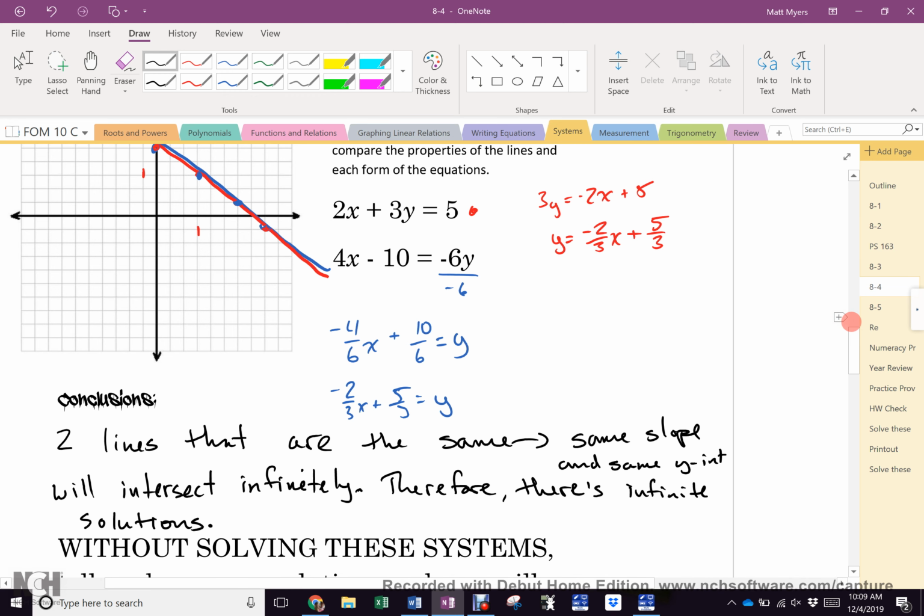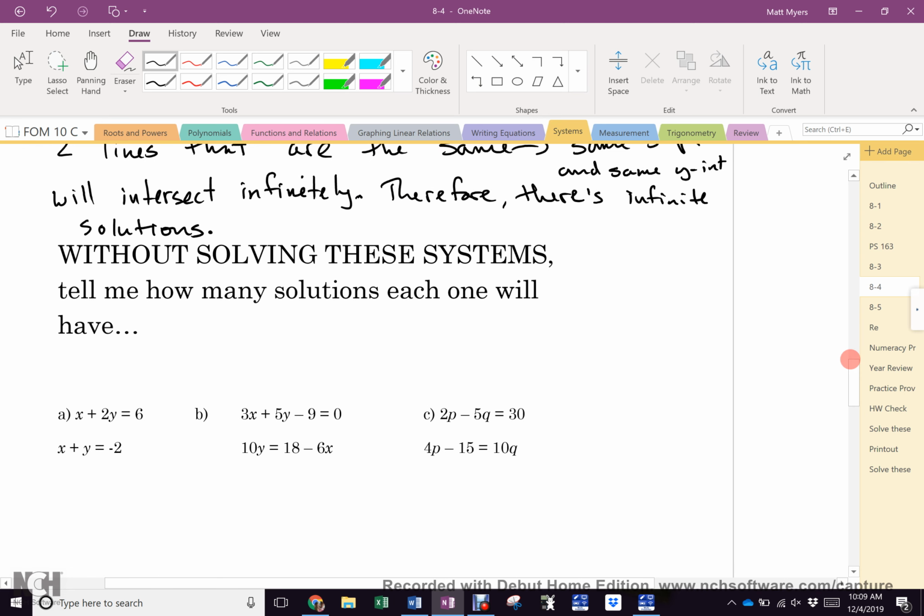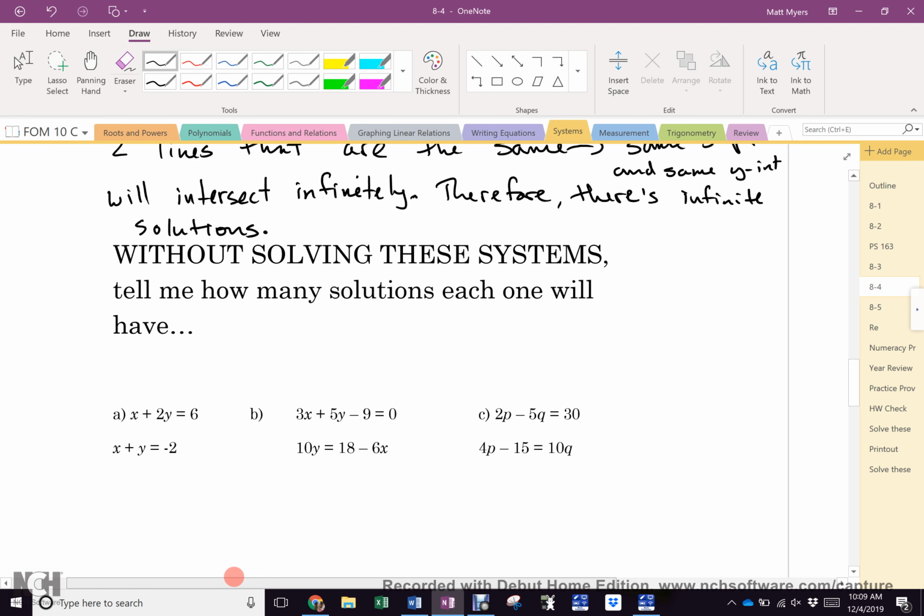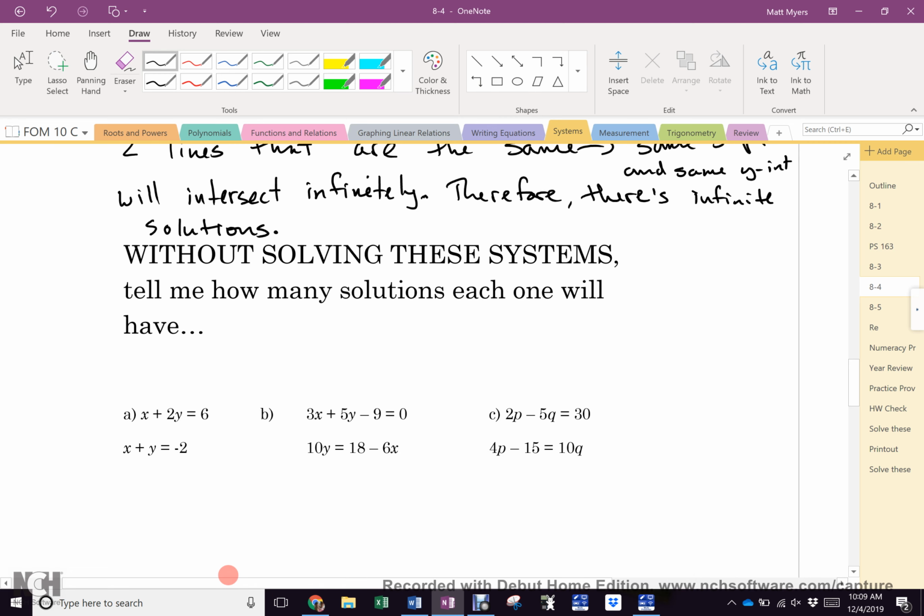Okay, so without solving, no substitution, no elimination, no graphing, how many solutions is A going to have? Why? Does it look like it? Or did you check it?